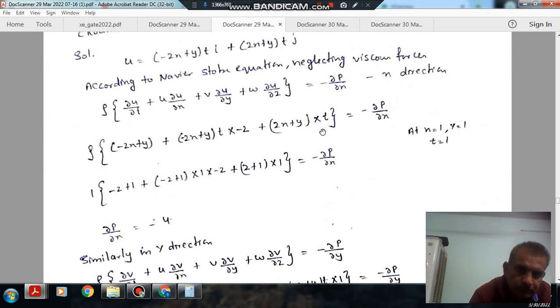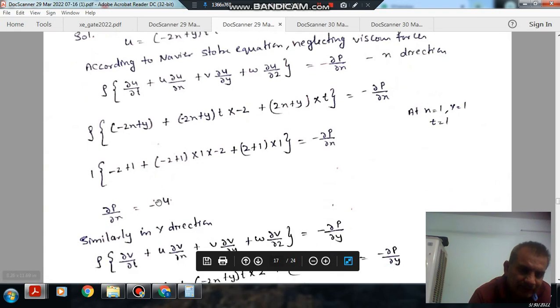This last quantity is 0 because there is no z component. Now we have to find the pressure gradient at x = 1, y = 1, and t = 1.